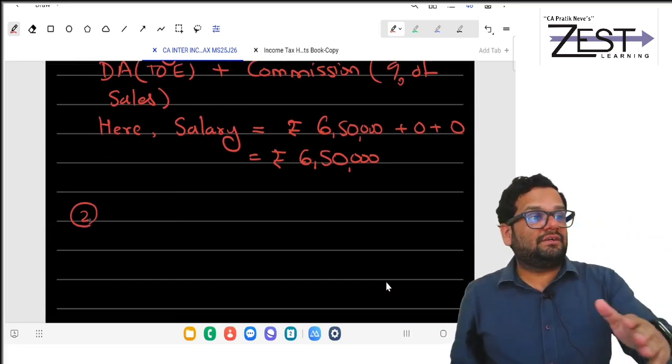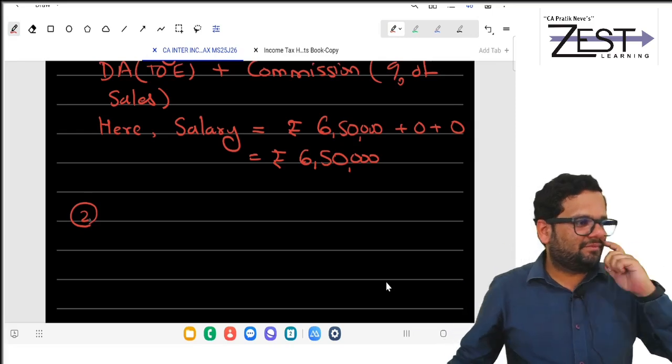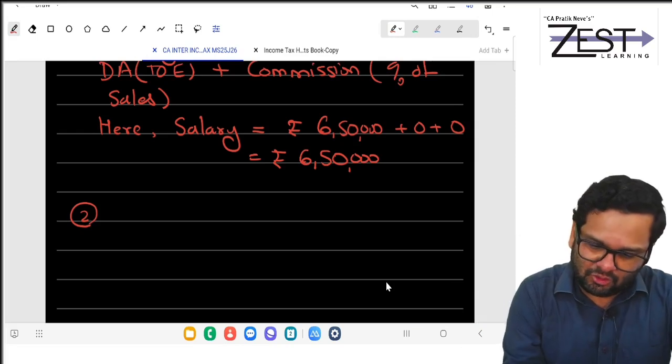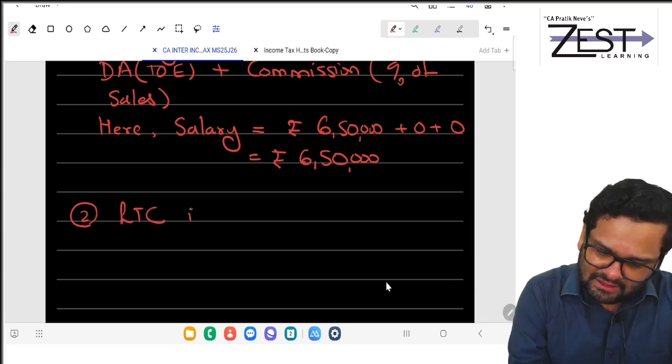And what is second note for? Second note is for leave travel concession. It's one and the same. So second note, write down LTC is allowed as exemption.